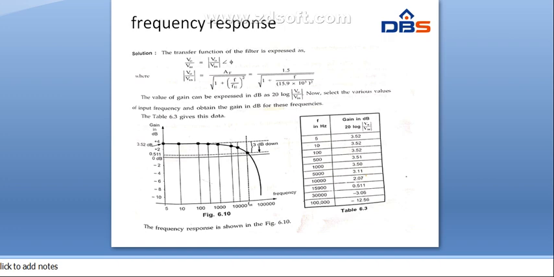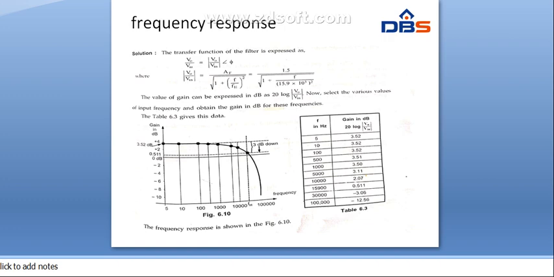Assume first the frequency is 5 Hz and calculate the gain in decibels, then 10 Hz, that is 20 log V0 by Vin. Then change the frequencies: 100, 500, 1000, 5000, 10,000, 30,000, and calculate the gain for these frequencies.